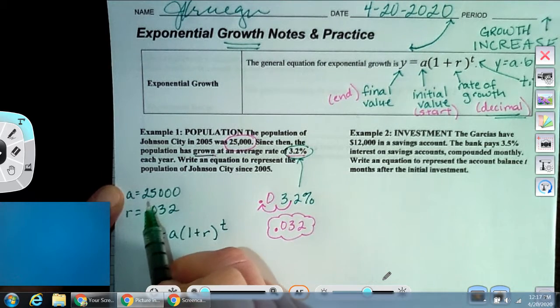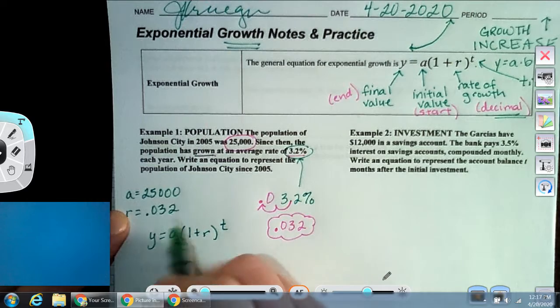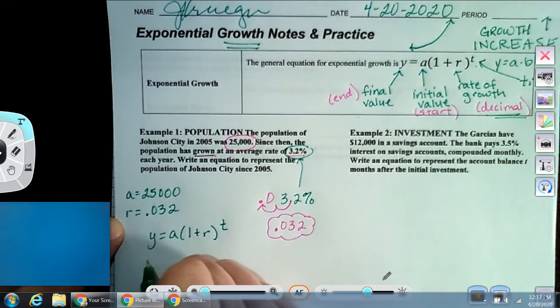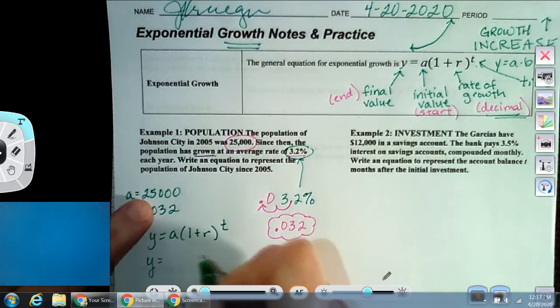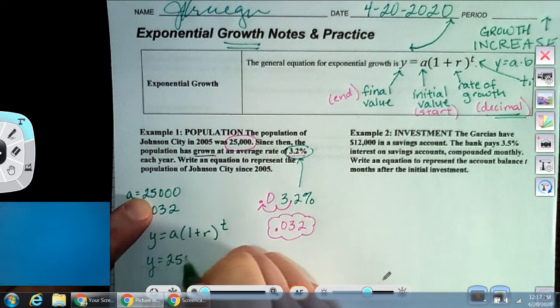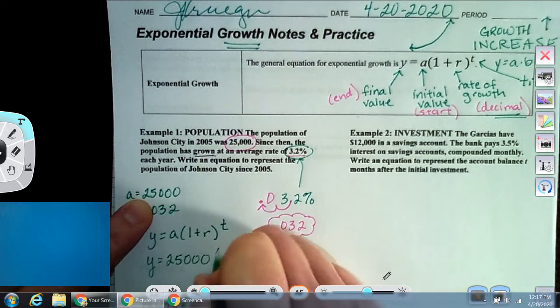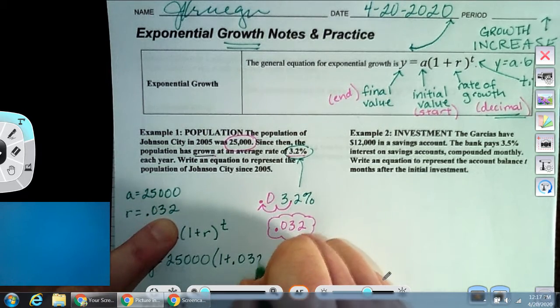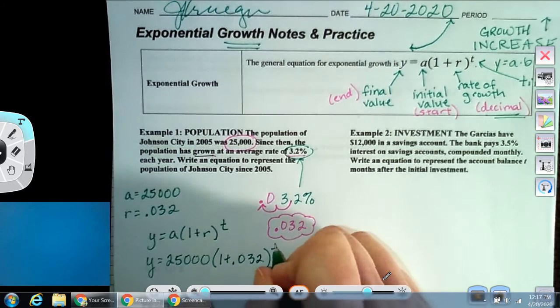Okay, so I know what my a is and what my r is. So I'm going to rewrite this as y equals 25,000, that's my a, times 1 plus 0.032 to the t.